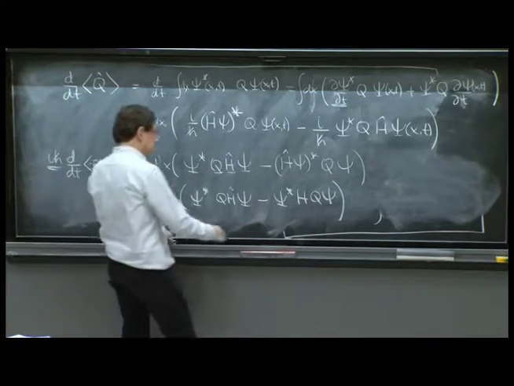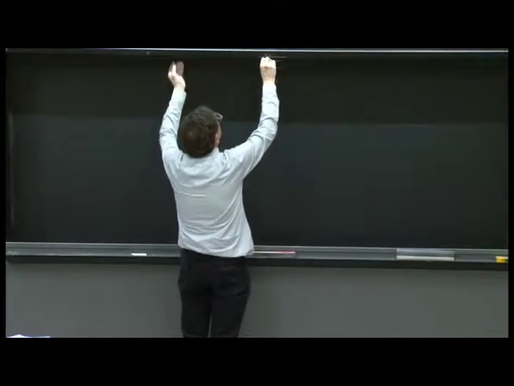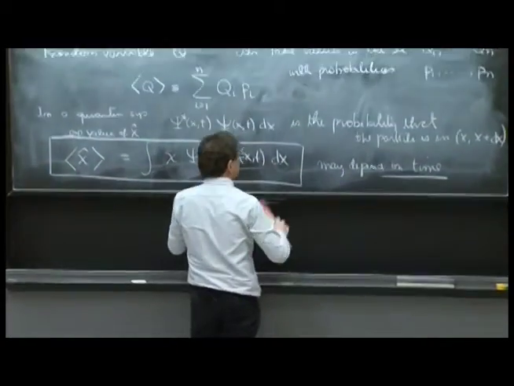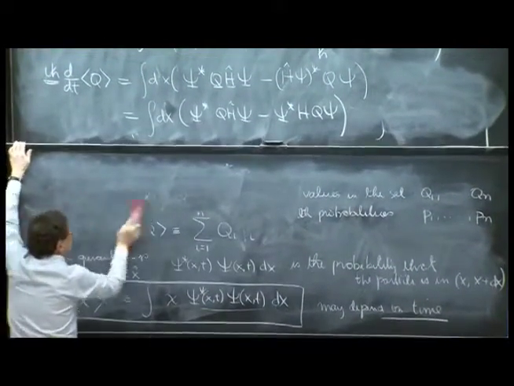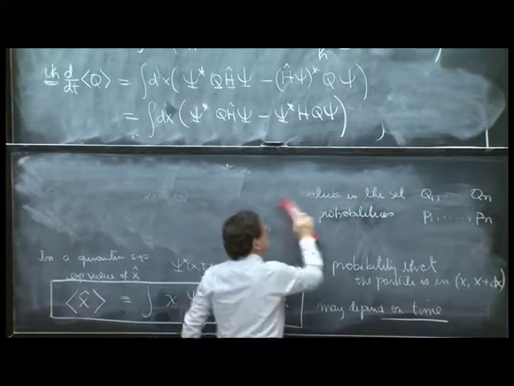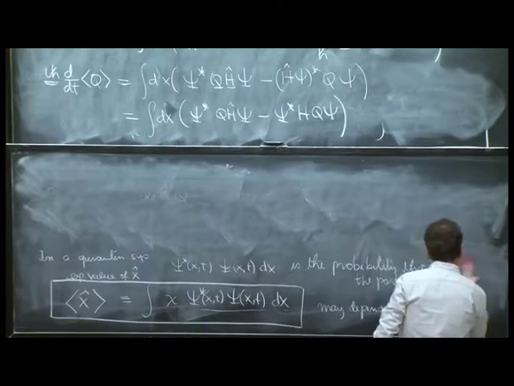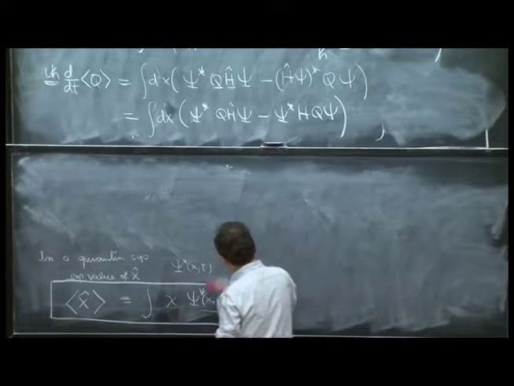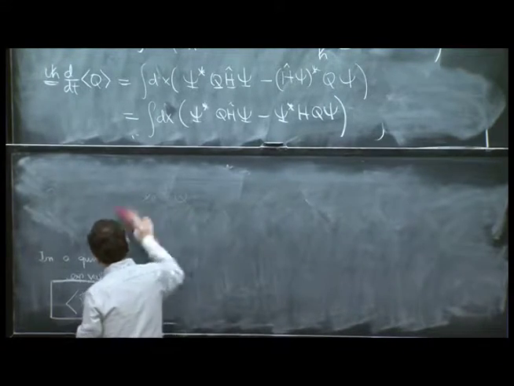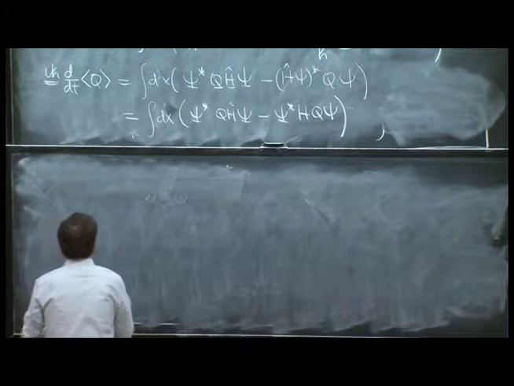But then, what do we see there? We recognize a commutator. These commutators, just like we did for x and p, and we started practicing how to compute them, they show up here.